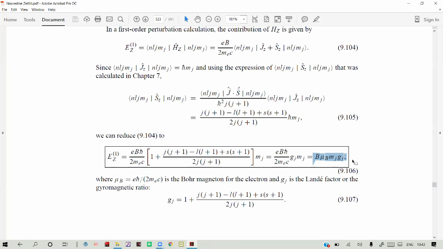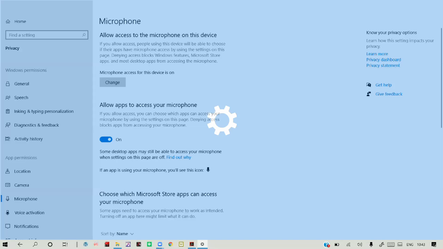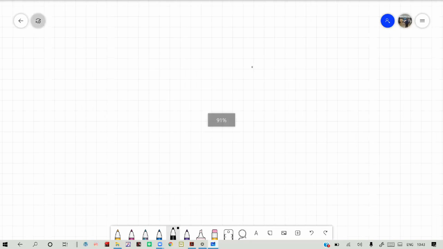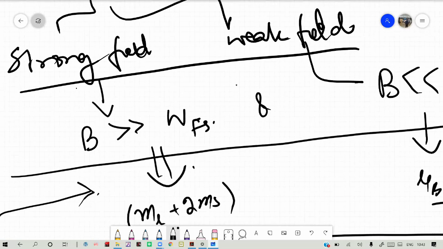Mu B mj gj. The shift excludes B because B is constant, so we can calculate the shift here. The shift is mu B mj gj, and mu B is also constant, so what changes is mj gj.